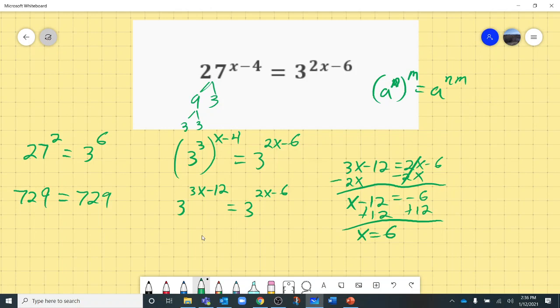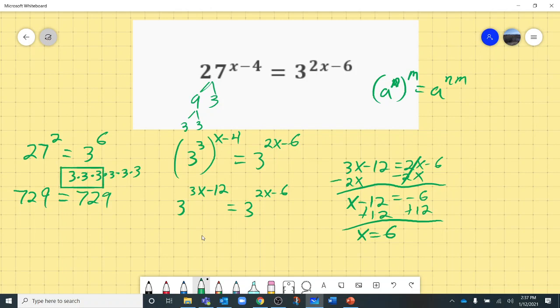Remember, we could rewrite this. We could break that 27 down to a factor of 3 again. Remember, it was 3 to the third power. But let's change this 3 to the 6th power instead. So 3 to the 6th power is 3 times 3 times 3 times 3 times 3 times 3. I know that 3 times 3 times 3 from before, I know that that is 27, right?